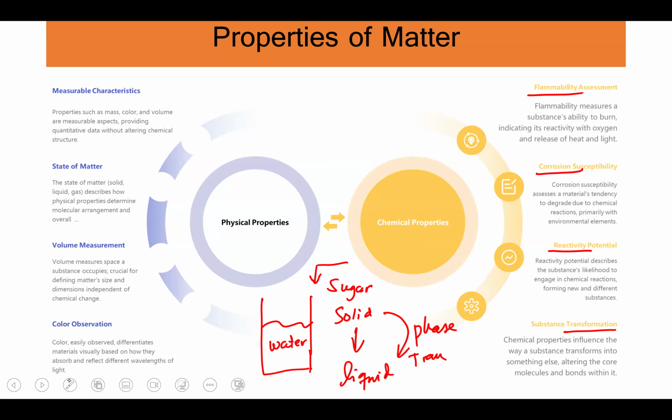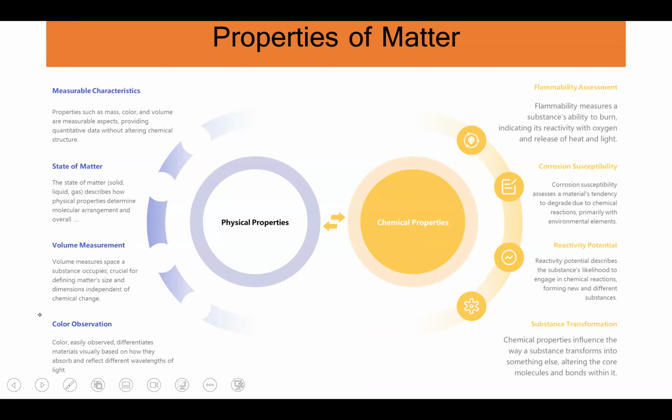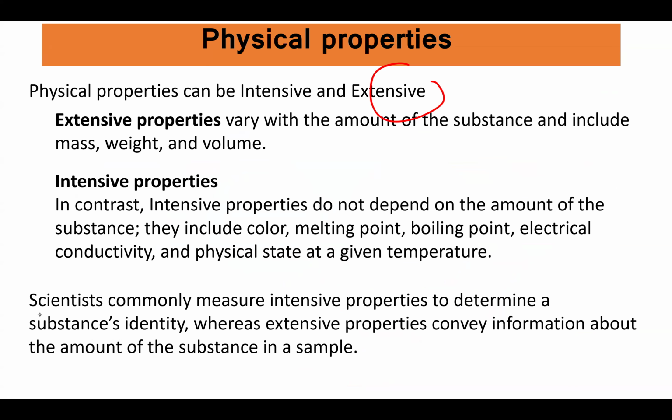Okay, do you understand the difference between chemical and physical properties? Good. Next, physical properties are further classified into two categories: extensive property and intensive property.